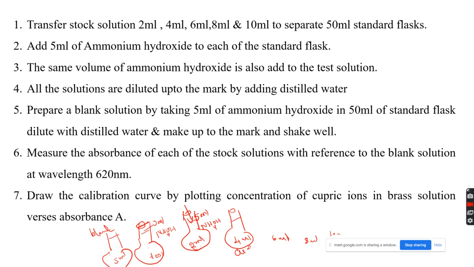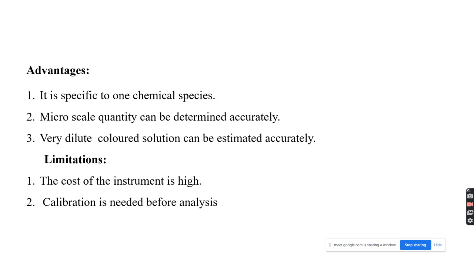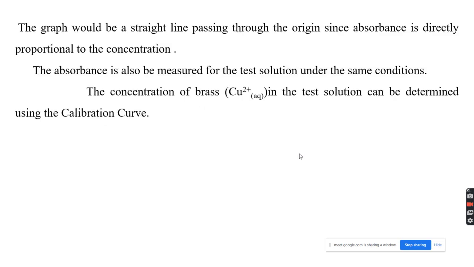We'll take first the solution which contains 2 ml of brass solution in the cuvette tube, and you know the instrumental setup. In the cuvette tube we'll take 2 ml. Consider this is a colorimeter. Here you can observe one set button and a display.